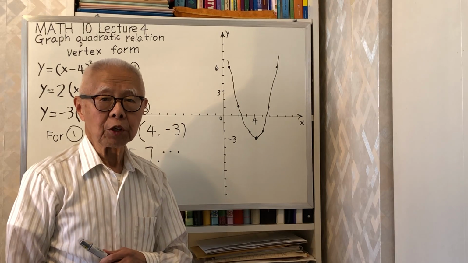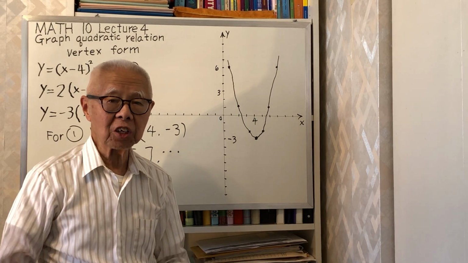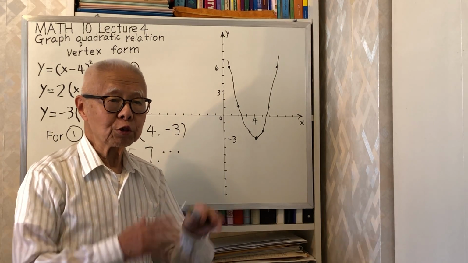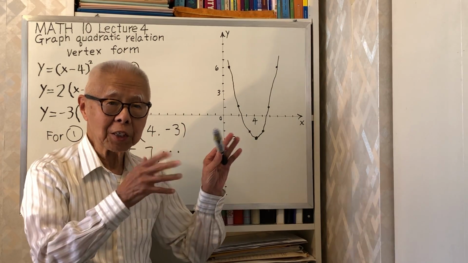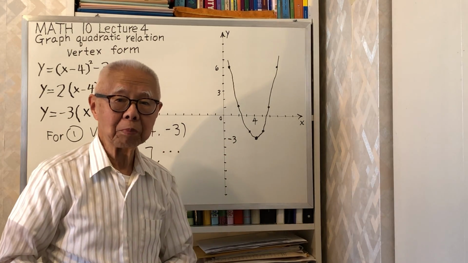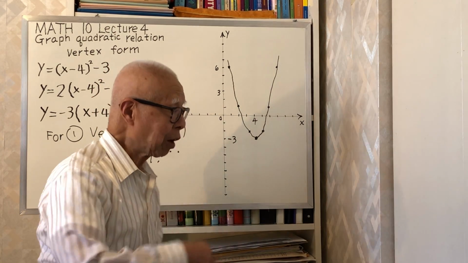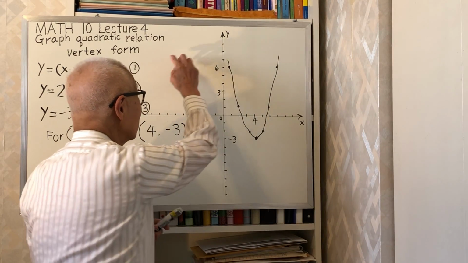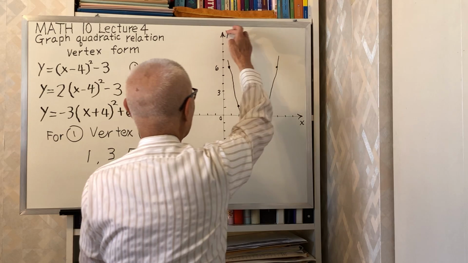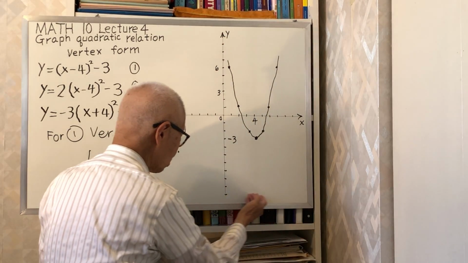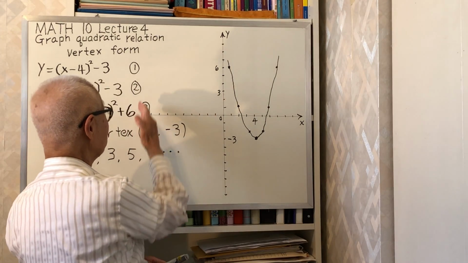Remember, if you want to draw the graph nicely, the graph has to extend to the area of your xy coordinate. What I mean is that if you draw x, y like that, the graph area should be here, and the bottom should be here, and the left side should be there.